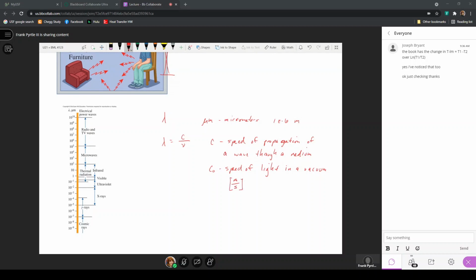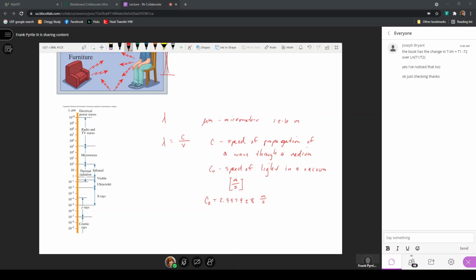So these ranges of the wavelength are a function of the speed of light as a quantity taken as 2.9979 times 10 to the 8 meters per second.